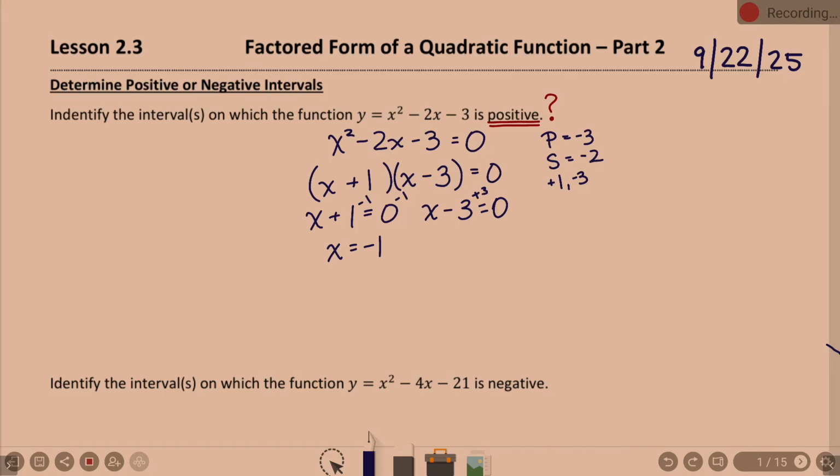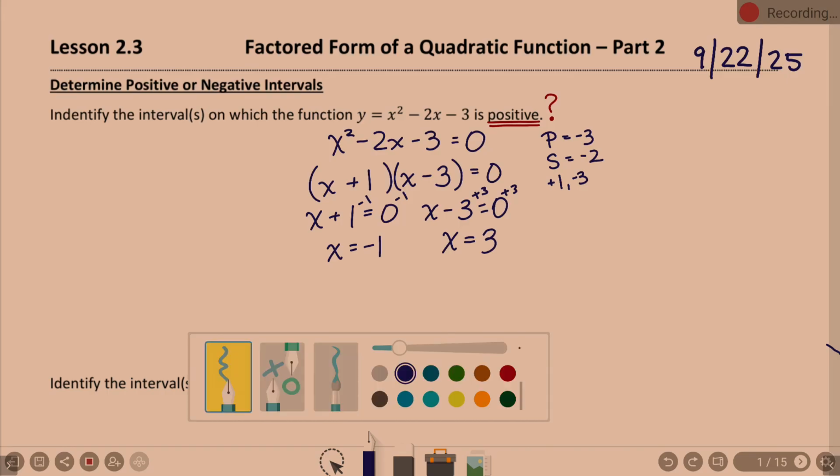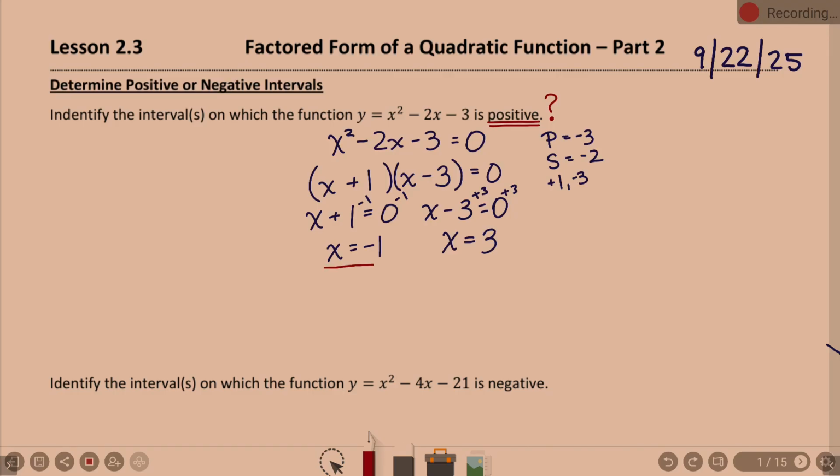If it's x minus 3, I'm going to add 3, and x equals 3. What are these? These are the places where my graph equals 0, crosses the x-axis. So these are my zeros.